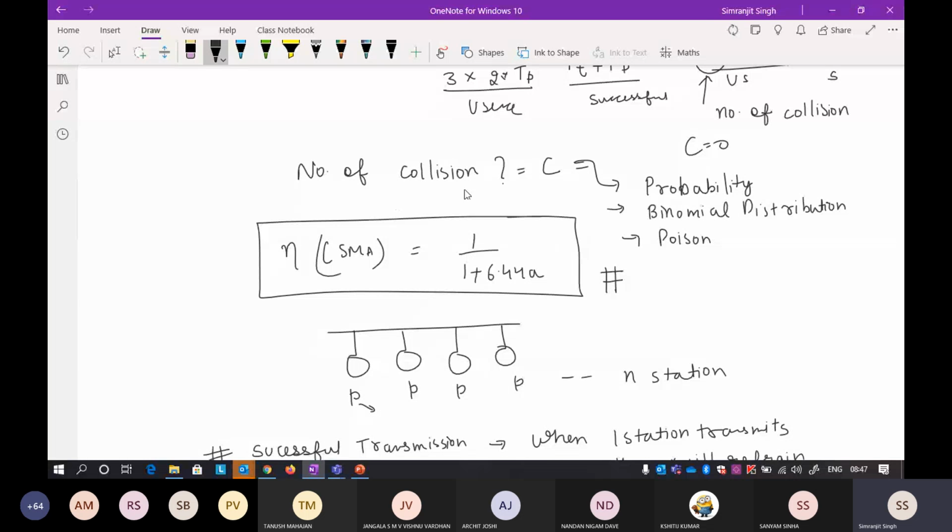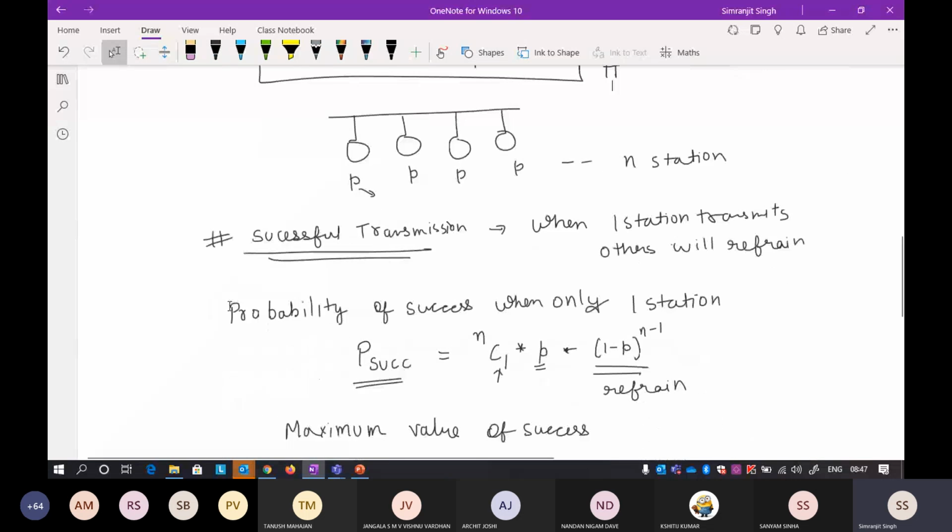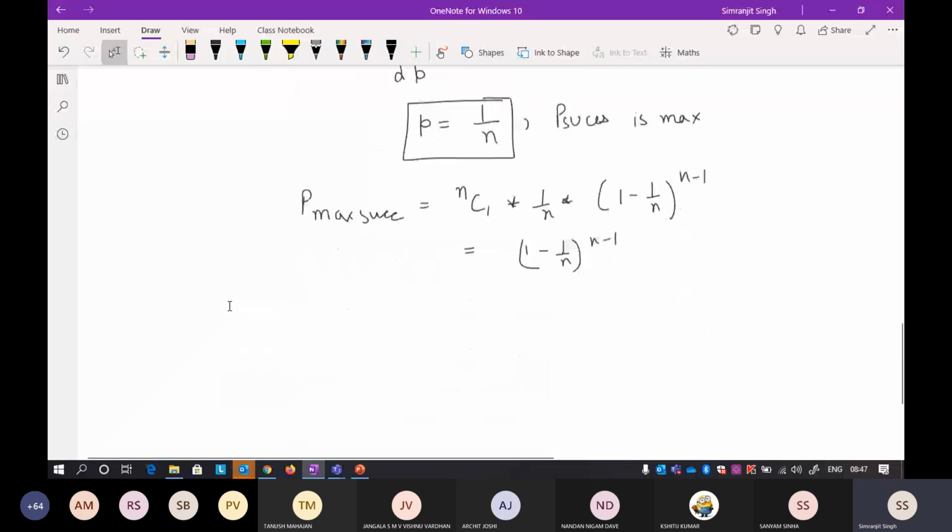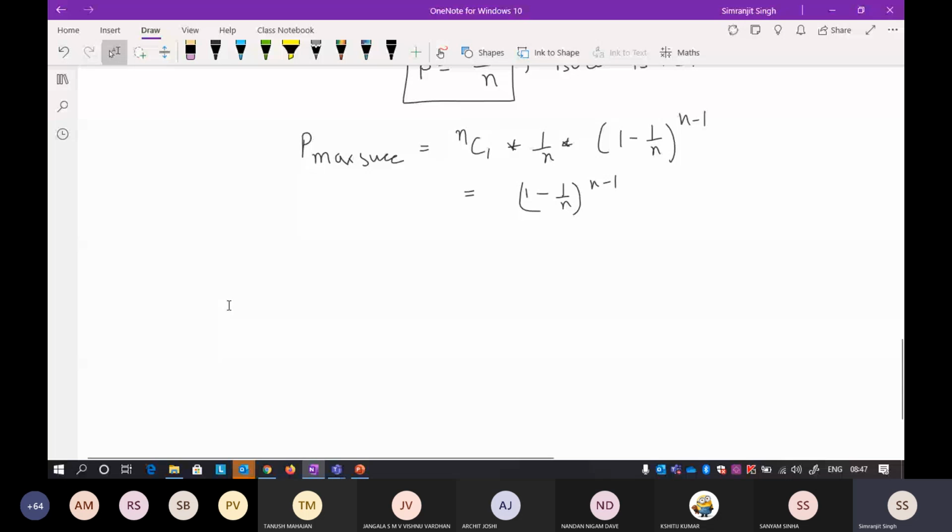To find the number of collisions, you have to know about the binomial distribution and Poisson distribution. After that I have to use some derivation and limits. P success depends upon the number of stations, that is your n.